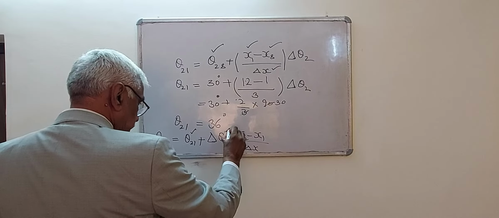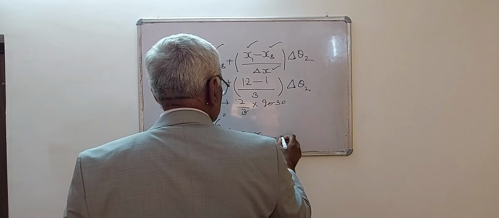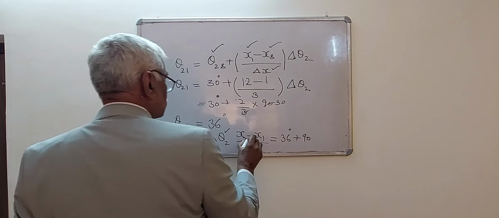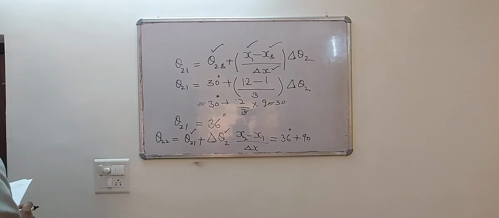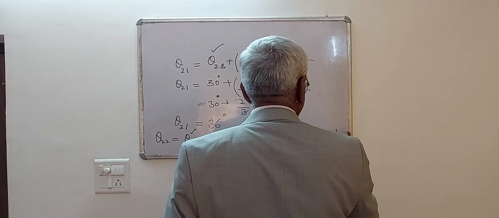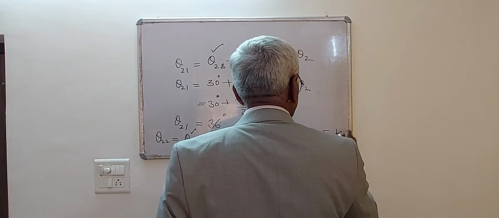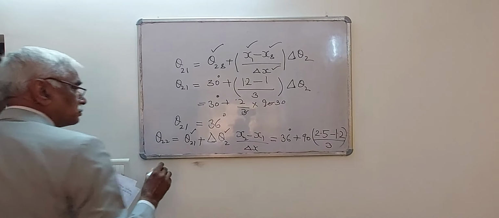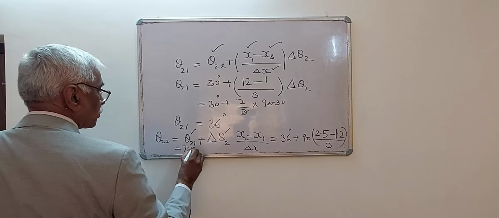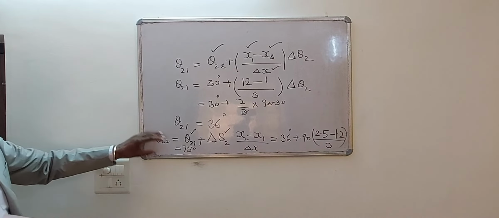Delta theta 2 is 90, and it is equal to 36 plus 90 into x2 minus x1. X2 was 2.5 minus x1, which is 1.2, divided by 3. So theta 22 comes out to be 75 degree. Theta 21 is 36, theta 22 is 75 degree.